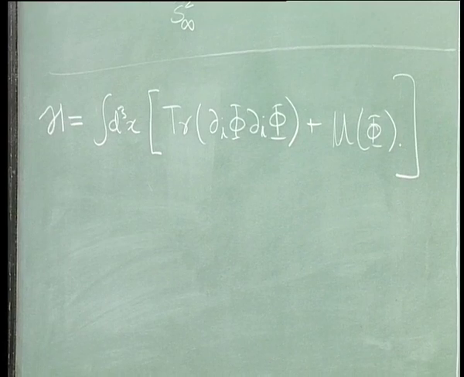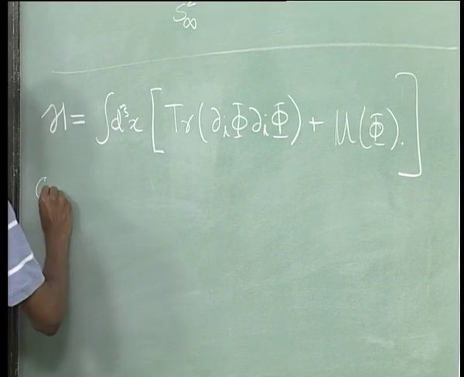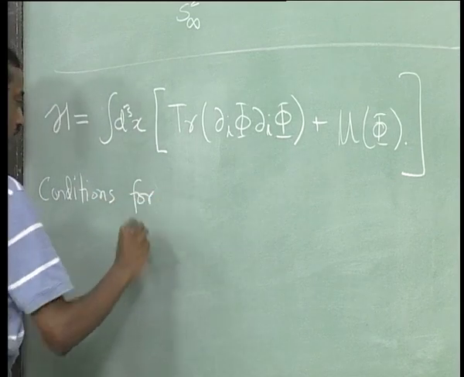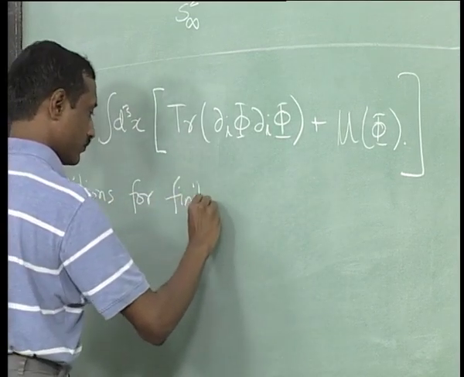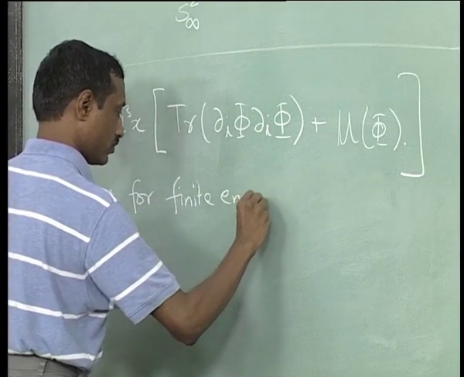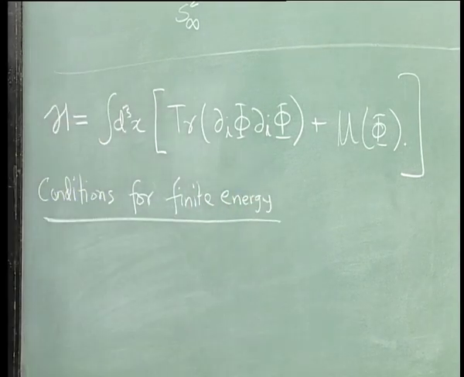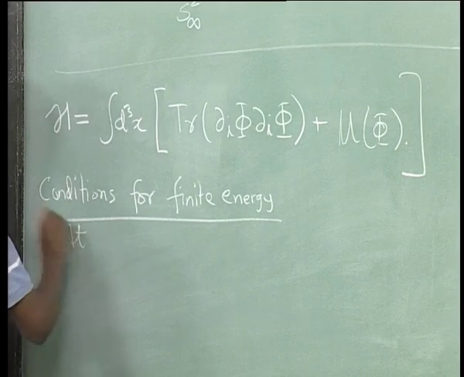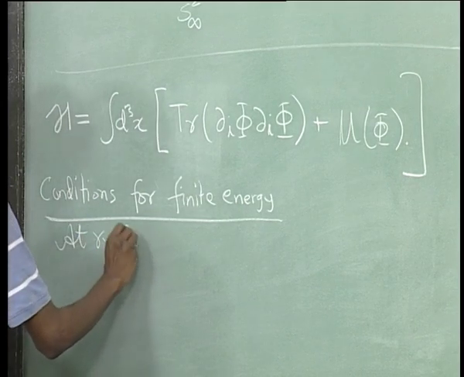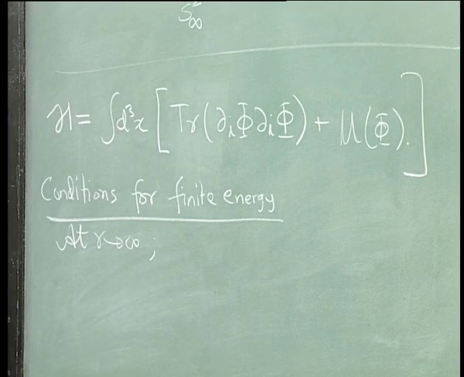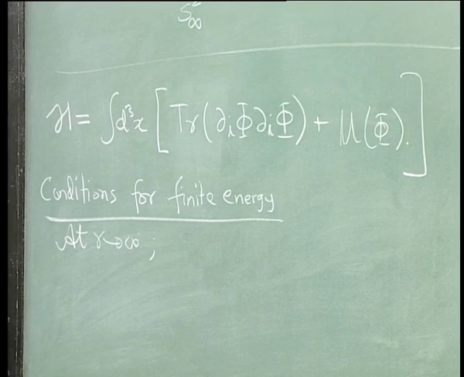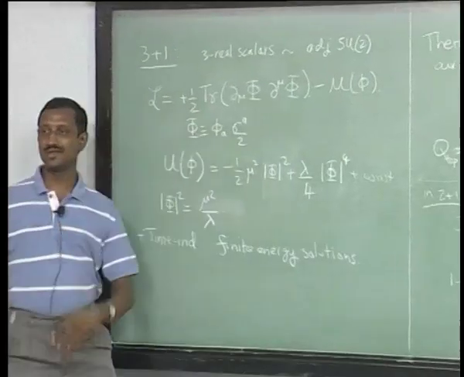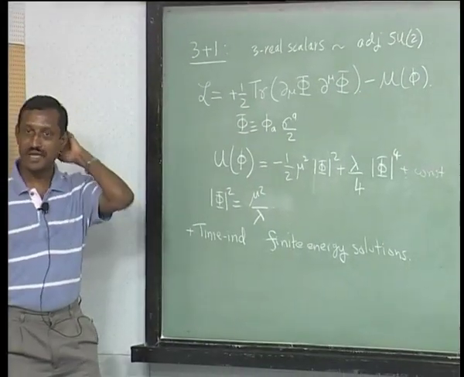So now let us write out the conditions for finite energy. These are boundary conditions if you wish. At, of course, r tending to infinity, the first thing you require is this U of phi go to its lowest value, and remember there is a constant here which we need to add so that the boring infinity is removed.